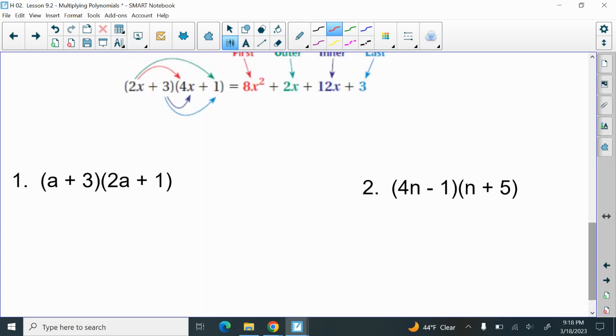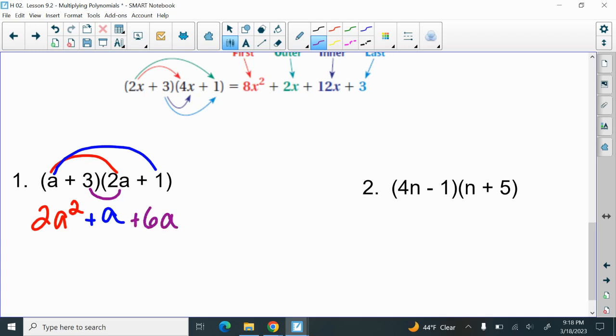So here I'm going to take my a, I'm going to multiply it by 2a. I get my 2a squared. a also gets multiplied by 1, so plus a. And now I move over to my second term. So I'm going to multiply 3 by 2a. So again, I get plus 6a.